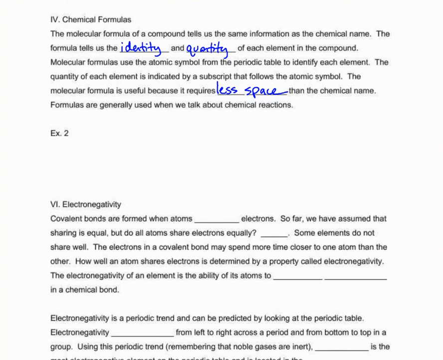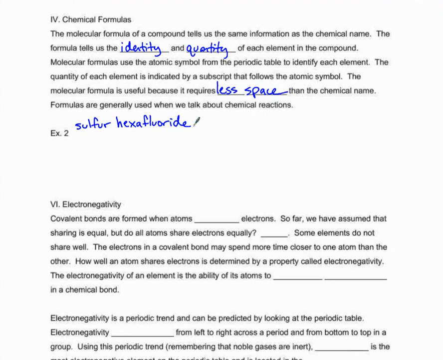So when we get a name, in general, we want to change it to the chemical formula. So the first one, sulfur hexafluoride. So remember, we're using prefixes to tell us how many of each atom is present.